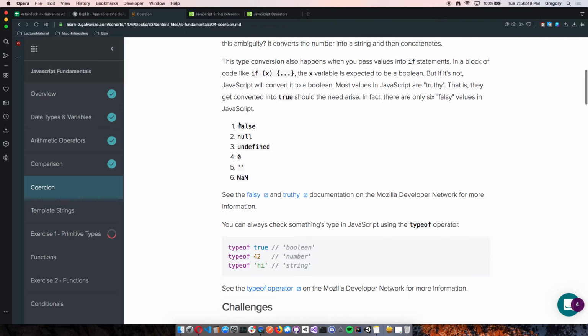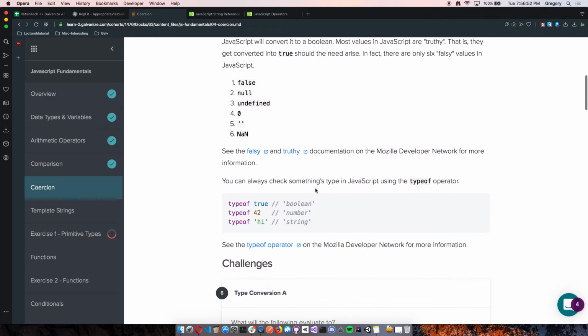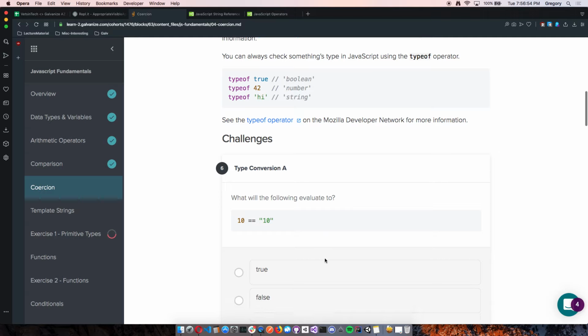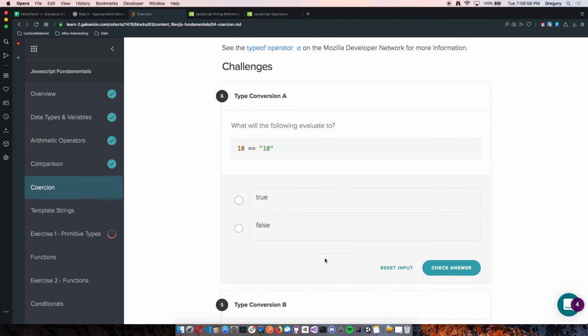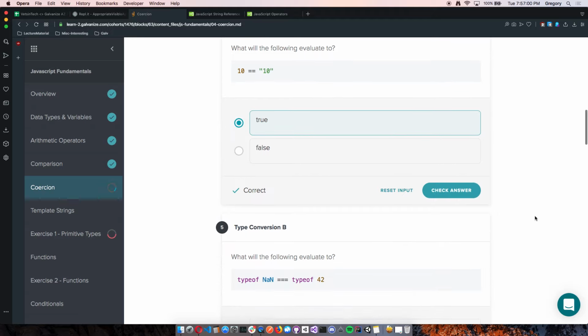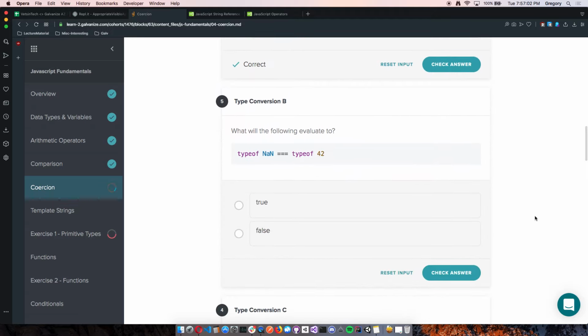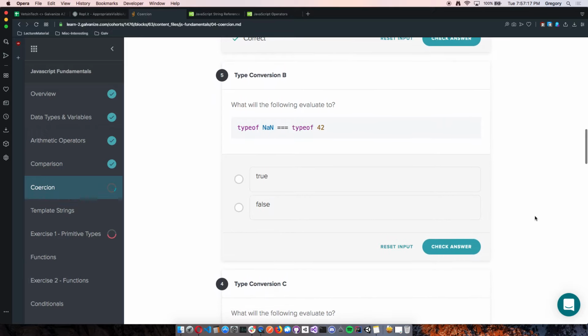False, null, undefined, and number, string, not a number. Typeof, we used that yesterday. I was kind of showcasing that. I'm going to go ahead and do that one for you guys. I gave the answer of this one away earlier, but I want to see if you guys remember. It's kind of counterintuitive.